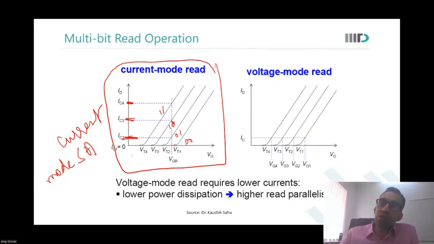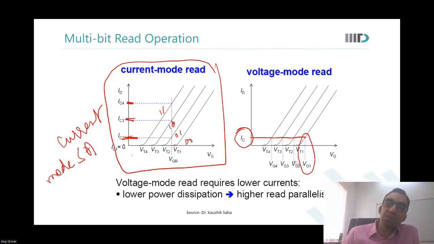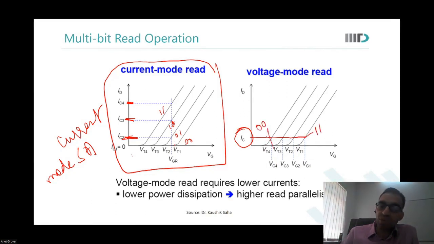You say that I want to measure when is IC getting sunk in my particular cell. So let us say for one cell, IC got reached at VG4 itself, and another cell, IC got reached at VG1. So what this means is that this is, let us say, 0,0. This then is 1,1. And you could say 0,1, 1,0 over here.